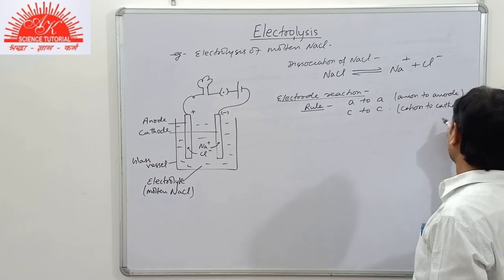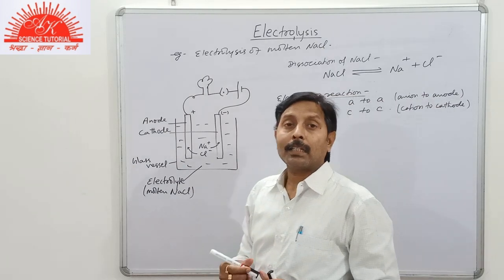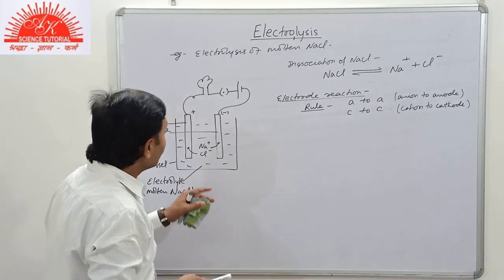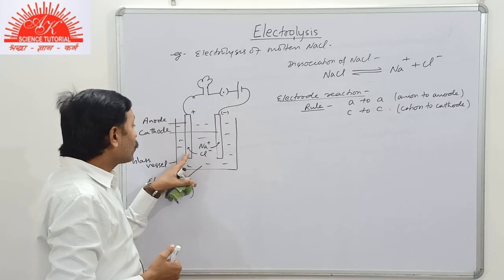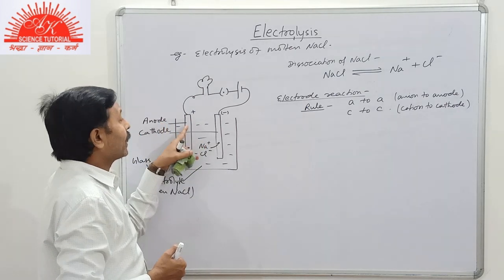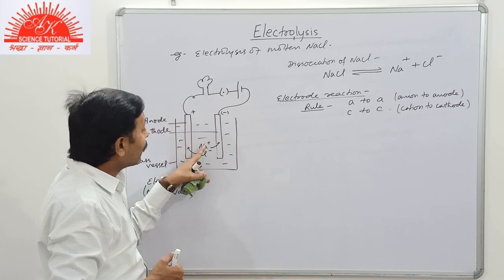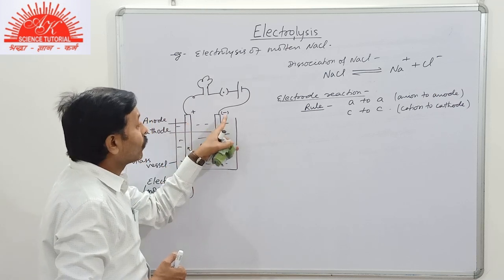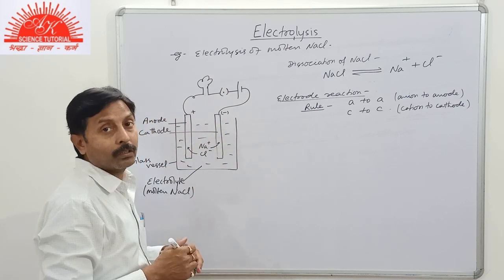That is, the negatively charged anion migrates towards the anode, which is the positive electrode, as unlike charges attract each other, and the cation migrates to the cathode, which is the negatively charged electrode.